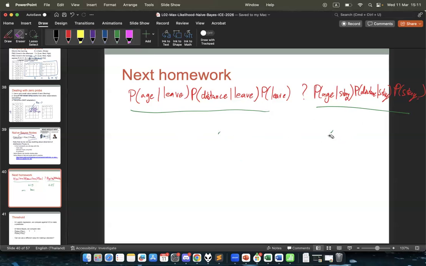When you have missing values, let's say I don't have an age feature, what do you do? If I don't have the age feature, I just ignore this term, and then I can proceed with everything the same way.